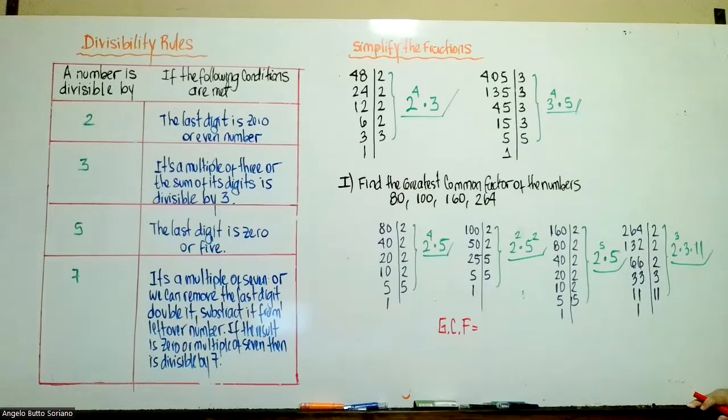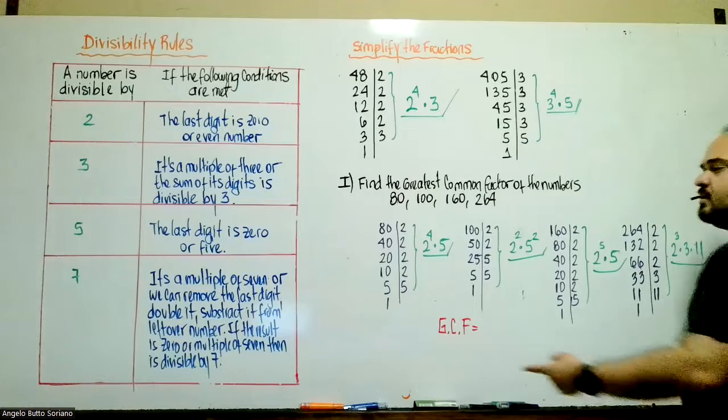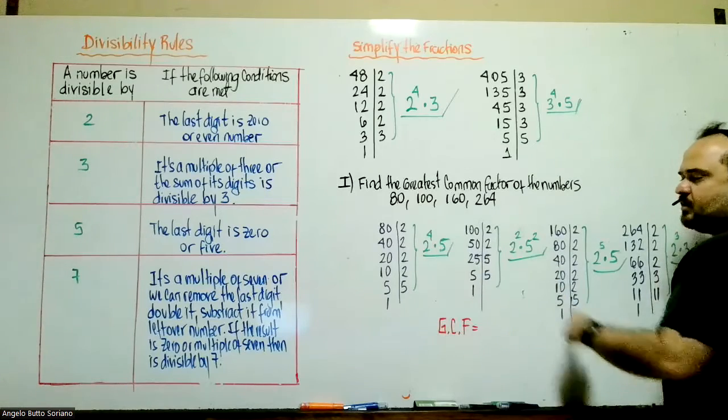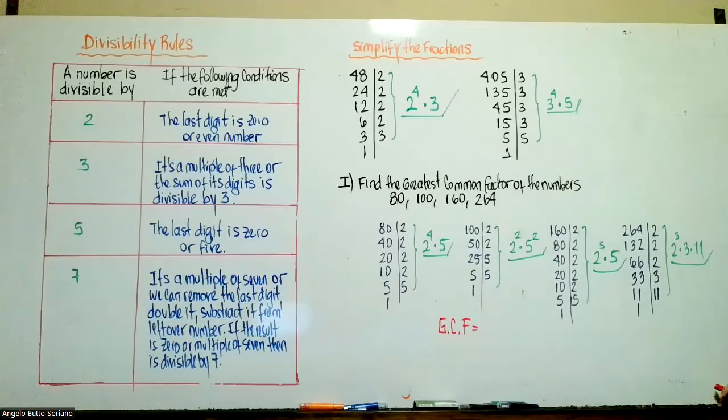And rule number two, we're going to take the number whose repeat is at the smallest frequency. As you can see, my dear students, we got the number 2 at the fourth power over here, 2 at the second power over here, 2 at the fifth power over here, 2 at the third power. So the number 2 appears in the factors of 80, 100, 160, and 264.